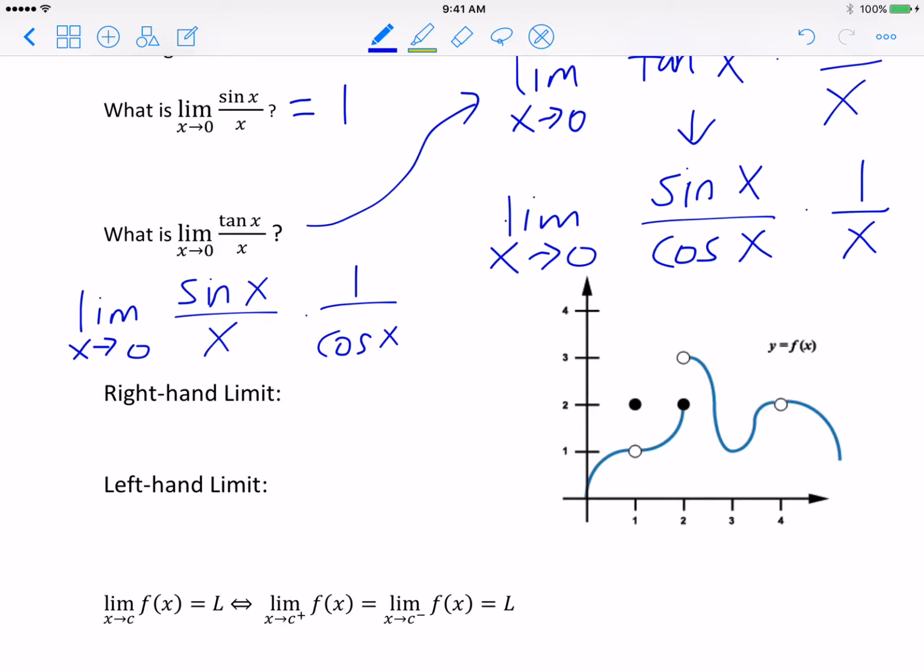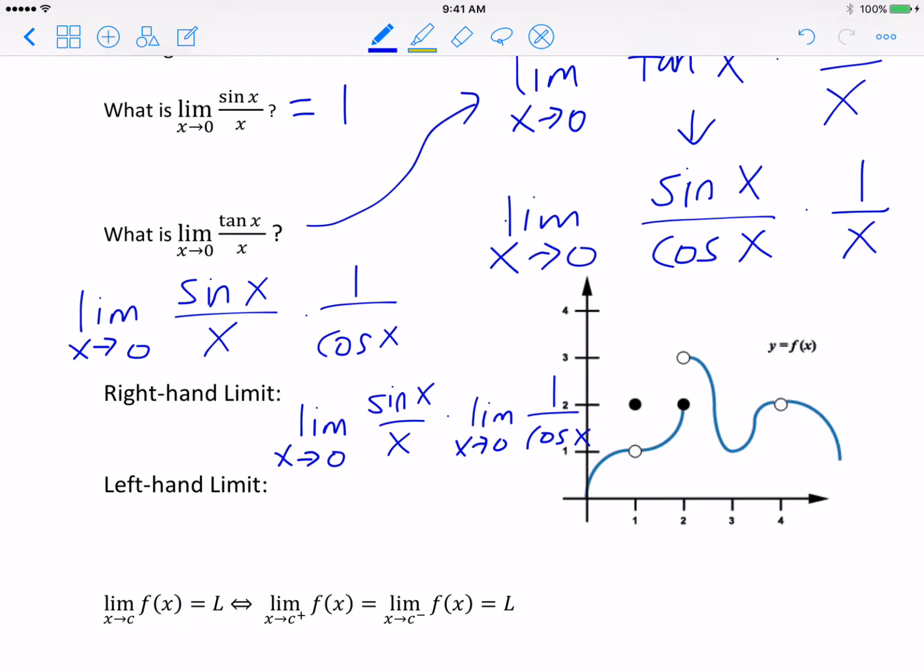And now I'm finding the limit of a product, so I could use the product rule. So you have the limit of sine of x over x times the limit of 1 over cosine of x as the x value approaches 0. And then we know that this answer is right here.